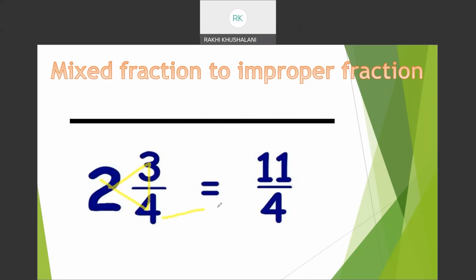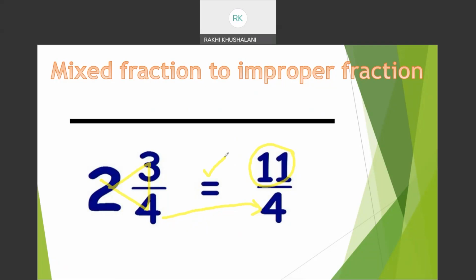See, the denominator in both is the same. They don't change. How do I get this denominator as 11 in such a way that they both turn out to be equal? I told you, basically the improper fraction and the mixed numeral or the mixed fraction are representing the same thing. More than one, more than a whole. They are a combination of a whole and a fraction.